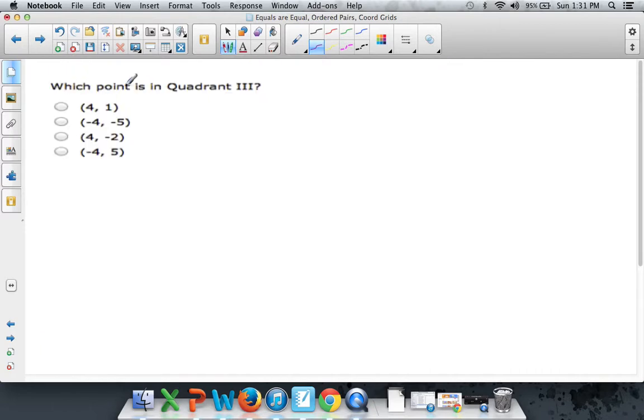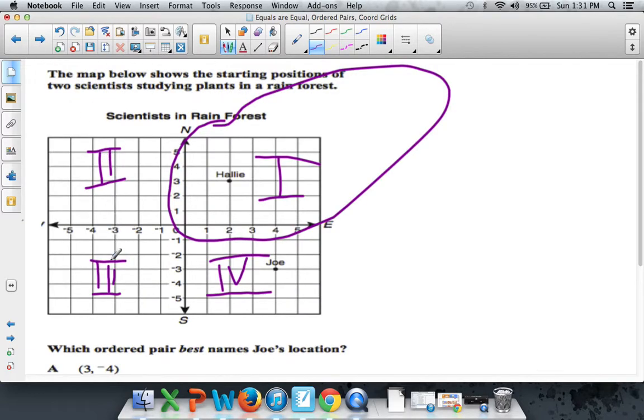Which point is in quadrant 3? Quadrant 3, huh? Well, I did just label quadrant 3 for you. So all you have to do once you know which quadrant is which, 1, 2, 3, and 4, is see what ordered pairs look like in that quadrant. So for the x-axis, the first number, it looks like all the numbers in quadrant 3 are negative.